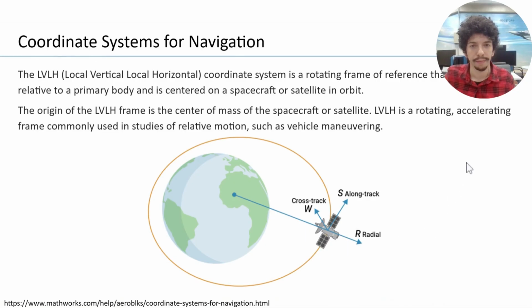The radial is the line from the center of the first body, and the line from the satellite to the center of the Earth is named nadir, and the satellite to space is named zenith.